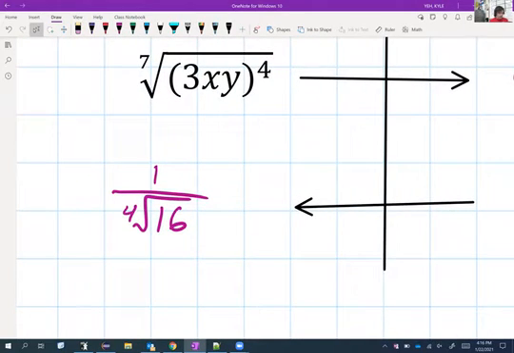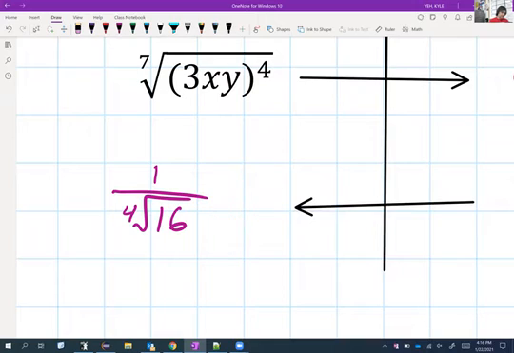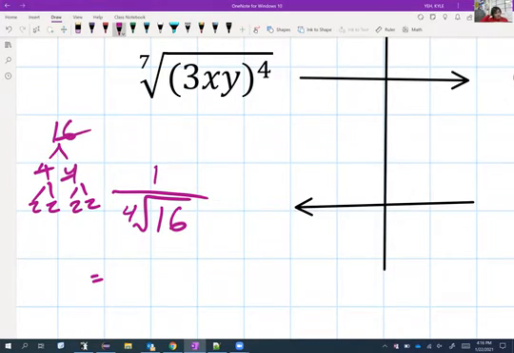We could multiply 4 times to get a group of 4 there. But there's also something we're going to start looking for when we start simplifying these expressions. Because what is 16? 16 is 4 and 4. Each of those 4s is a 2. Do we have a 4th root? The answer is yes. The 4th root of 16, we have a group of 4 there. That's what I meant to say.